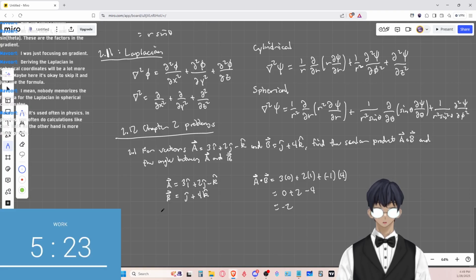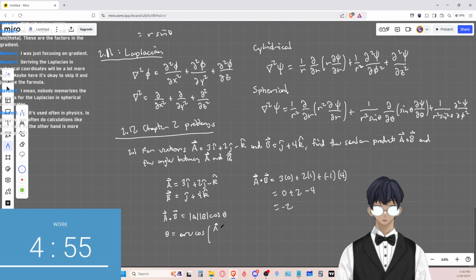Alright, next, find the angle between them. So, dot product here, and then the magnitudes, and then cosine of theta. Then we would have to do theta is equal to the arc cosine of, yeah, because they're all scalars.